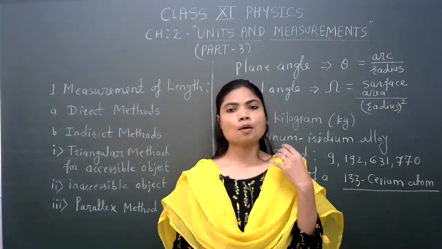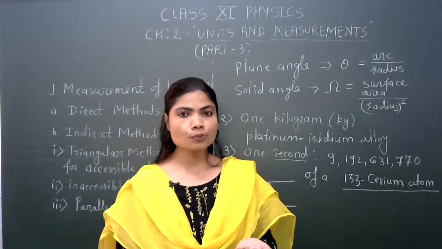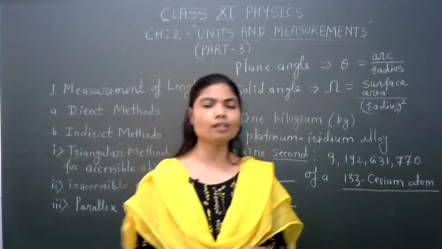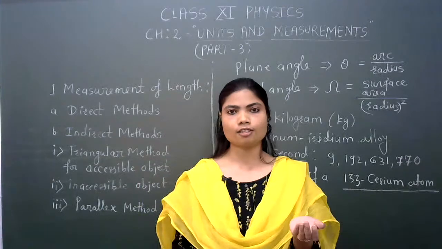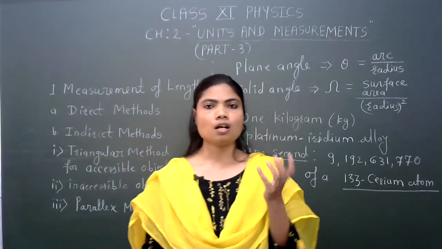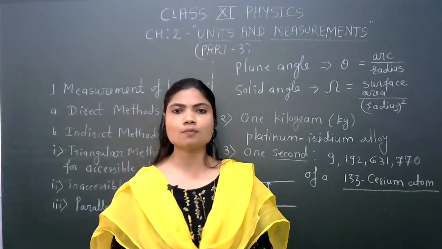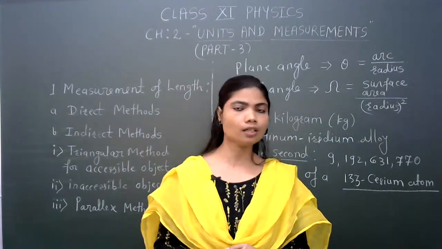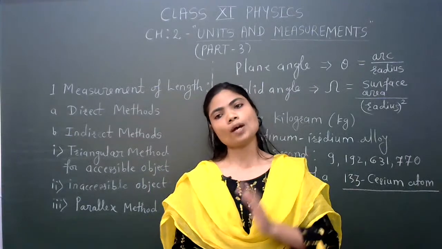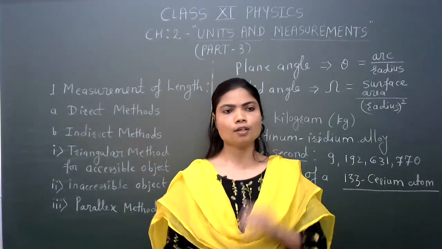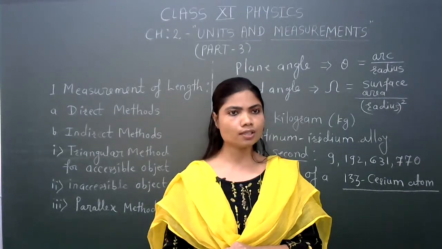And of course, why have we introduced this concept? Because next to that we have to learn the measurement of length, and there we will use different methods where it is introduced in terms of angle as well. How is it related? While we start with the chapter points, you will understand that. For now, have you understood this?